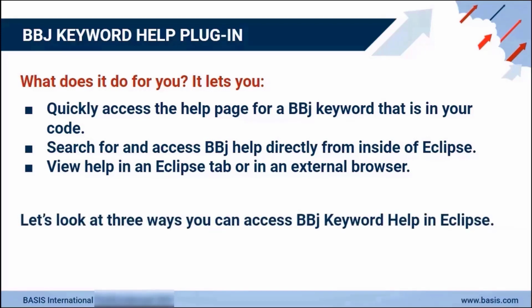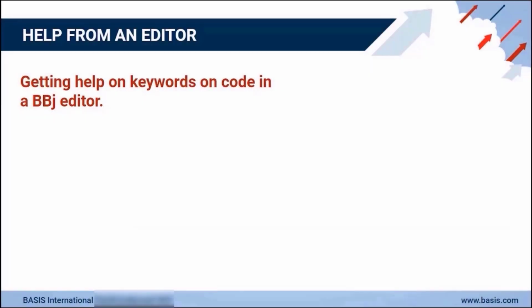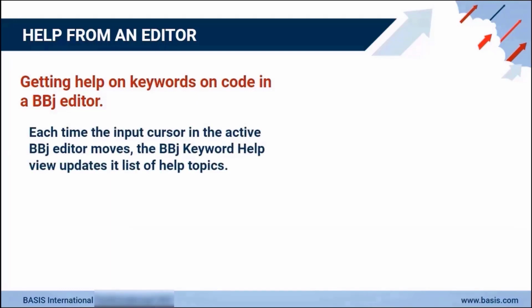So let's look at the 3 ways that you can access BBJ Keyword Help from inside of Eclipse. To get help on keywords in an editor, and by that we mean a BBJ code editor that is open on a BBJ source file in BDT, each time the input cursor, meaning the text cursor, is in the active BBJ editor and it moves, the BBJ Keyword Help plugin has a view that it displays to you called the BBJ Keyword Help view.